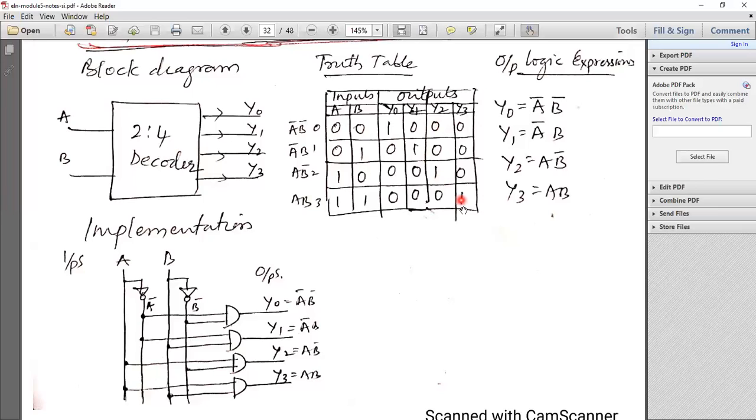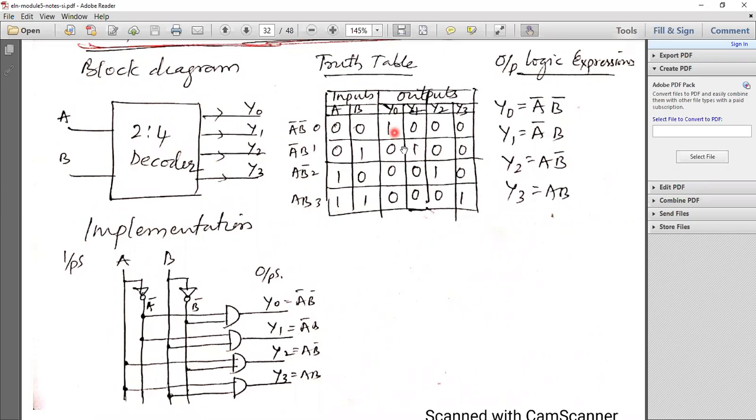For the fourth, Y3 is active. So you can see diagonally it is active. For the first combination of input, Y0 is my output; for the second, Y1; for the third, Y2; and for the fourth combination of input, Y3 is my output.